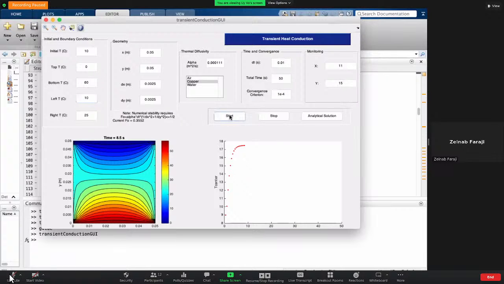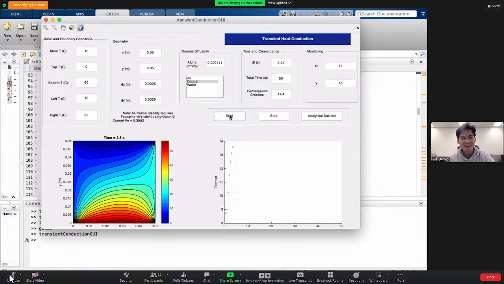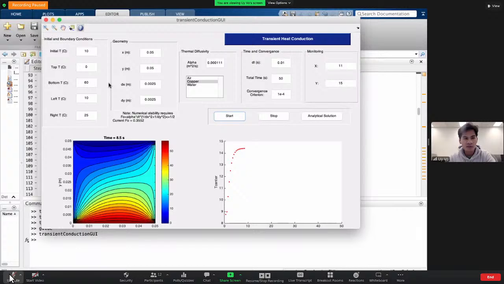So how does it change if we have different temperatures? Okay. I chose a very random value for the boundary condition, so we can change the value here to any value we want.